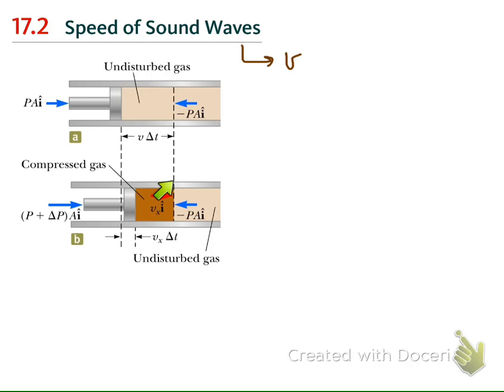So if we look at this element, on the left face, the pressure changed from P to P plus delta P. But on the right face, the pressure is still equal to P, and the force on this face is still equal to minus PA i.